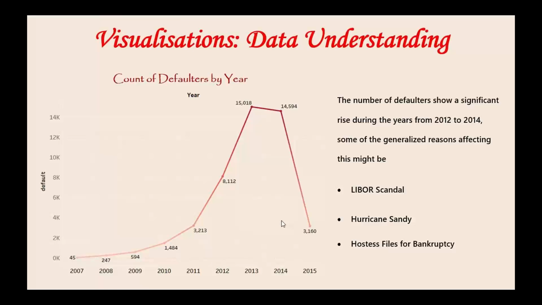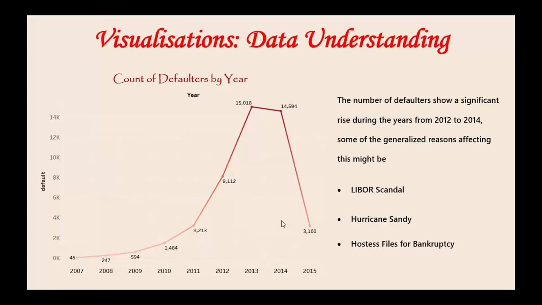From the year 2007 to 2011, there was an increase in the number of defaulters every year. In the year 2012, there was double the number of defaulters compared to the previous year. And from 2012 to 2015, there was a significant rise in the number of defaulters.